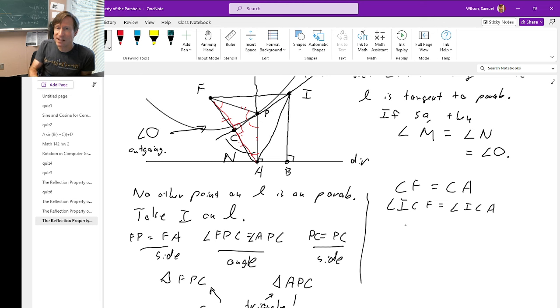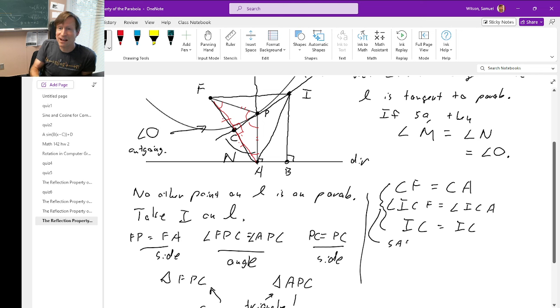And then finally, notice that the line segment from I to C is equal to the line segment from I to C, again, because they're the same line segment. So these three facts together, again, give us a side angle side proof that the triangle ICF is the same as the triangle ICA.